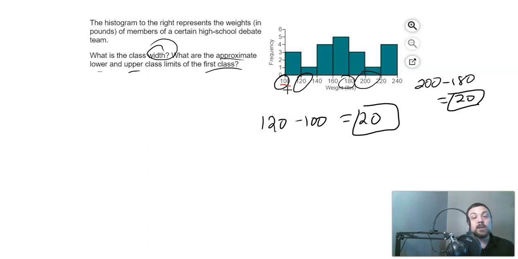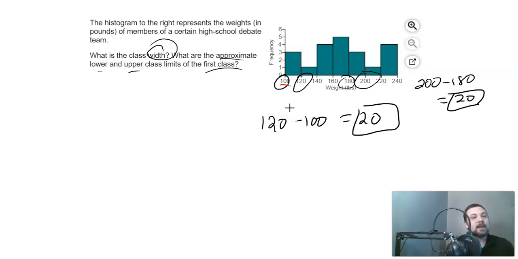Even though they're using 100 as the class boundary, I would say that's probably more likely the lower class limit for that class. You wouldn't want 100 to be your actual boundary, because 100 is going to be a possible data value, and you wouldn't want it to fall in that gap, because remember, the class boundary is in the gap where data values cannot occur.